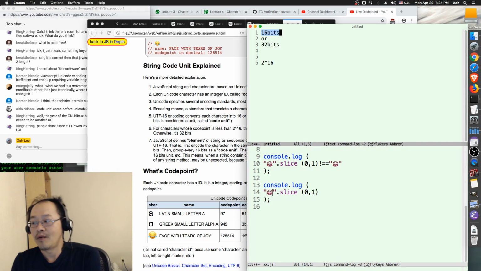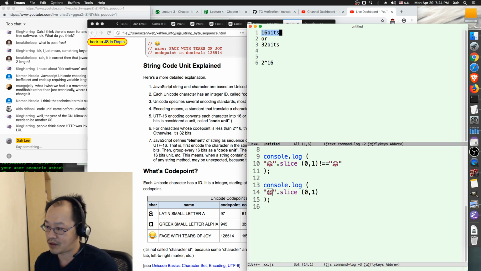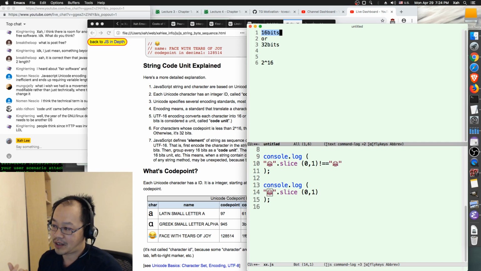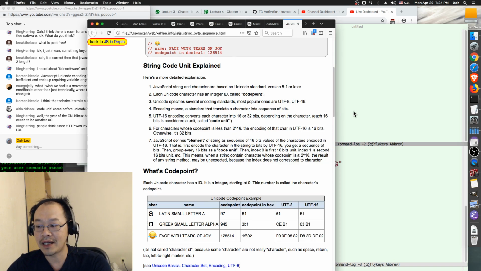When a character's code point, the integer ID, is greater than or equal to 2 raised to the 16th power, then that character's encoding in UTF-16 will be 32 bits.